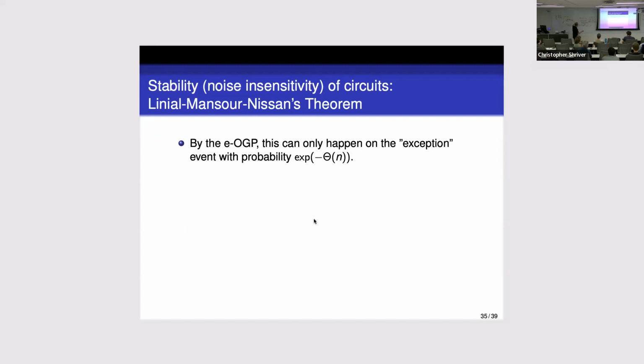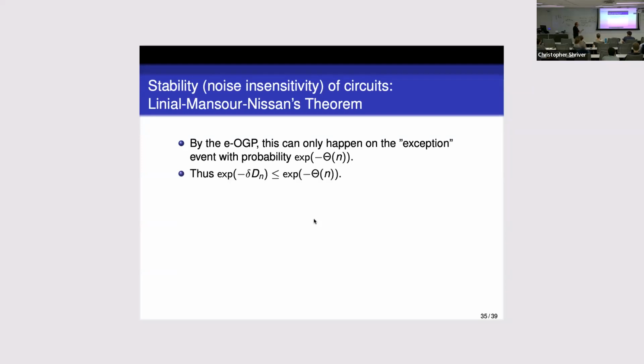So this picture should happen in the exception event of that picture. The OGP, in other words: it should be in the regime where this interpolated sequence of graphs was not exhibiting overlap gap properties. But that's controllable. It so happens that the violation of the OGP happens with exponentially small probability.